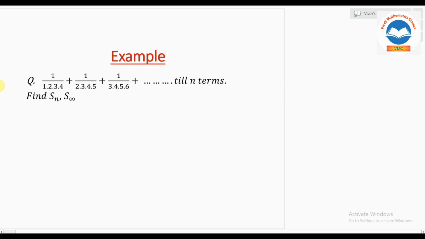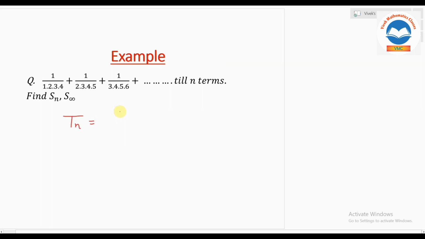Here we have given 1 by 1 into 2 into 3 into 4 plus 1 by 2 into 3 into 4 into 5 plus 1 by 3 into 4 into 5 into 6 and so on up to n terms. So we need to find Sn and S infinity. First of all, we'll find Tn. If you see here, the first term starts from 1, then the next 3 terms.